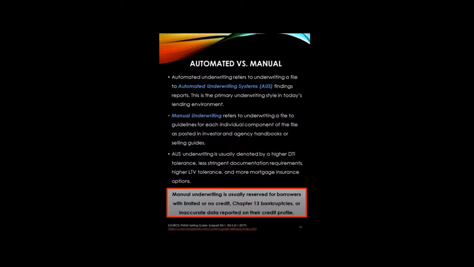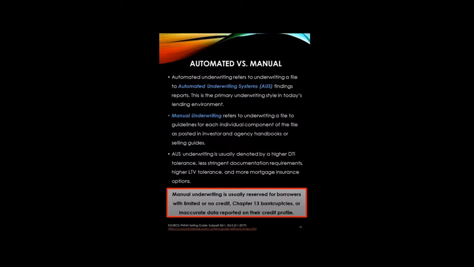There's a note on the bottom, and it's very important. Manual underwrite is usually reserved for borrowers with limited or no credit, bankruptcies, Chapter 13s, or inaccurate data showing up on the credit profiles. Most lenders that I've worked at don't do manual underwrites when it comes to conventional loans, so that's your Fannie and Freddie products.